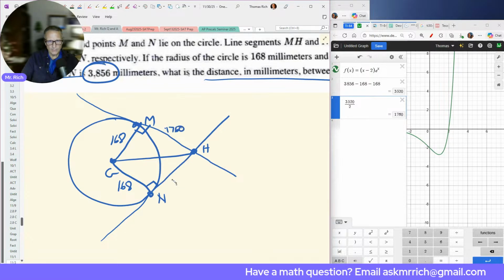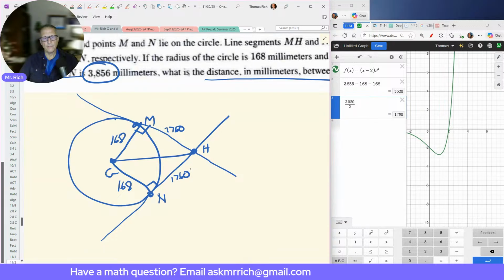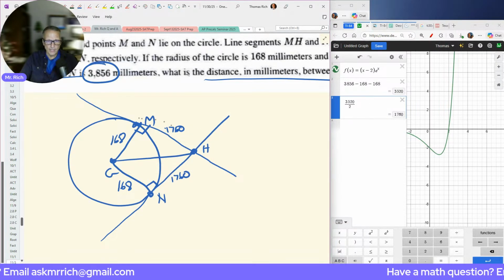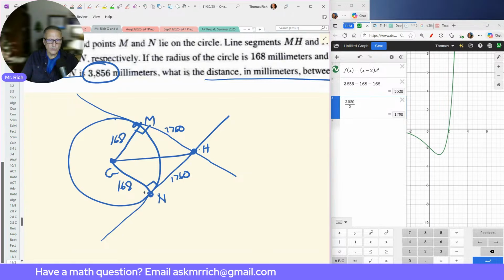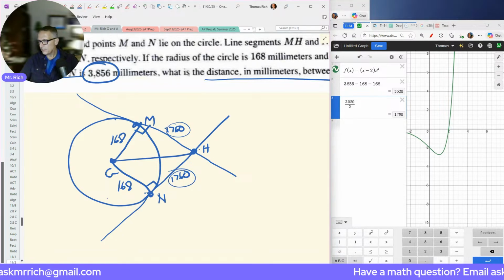Those are 1760. The other thing too from geometry, no matter how good or bad your drawing is, you are supposed to know that if you have 2 tangent lines that intersect outside of the circle, the distance from the intersection point to the 2 points of tangency is equidistant. So those have to be the same value right there.